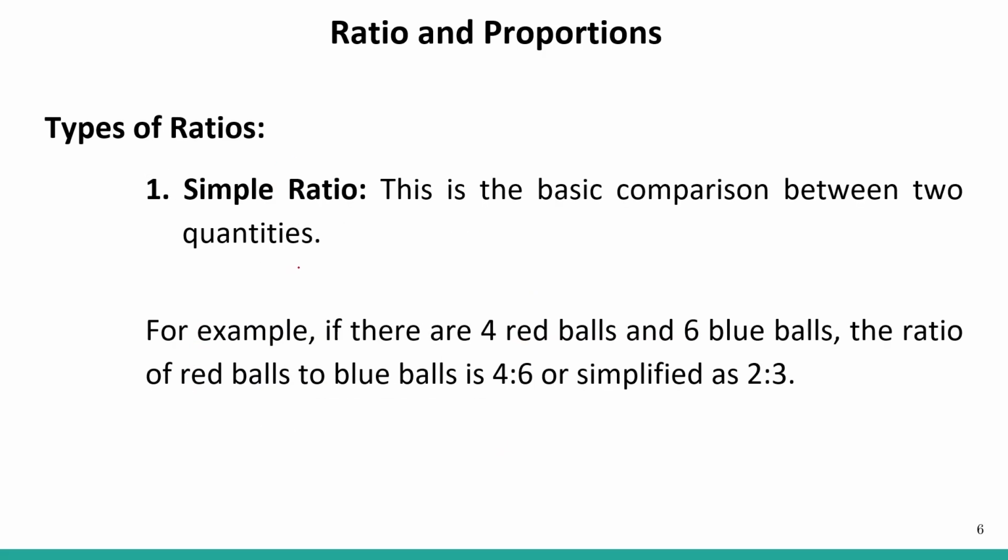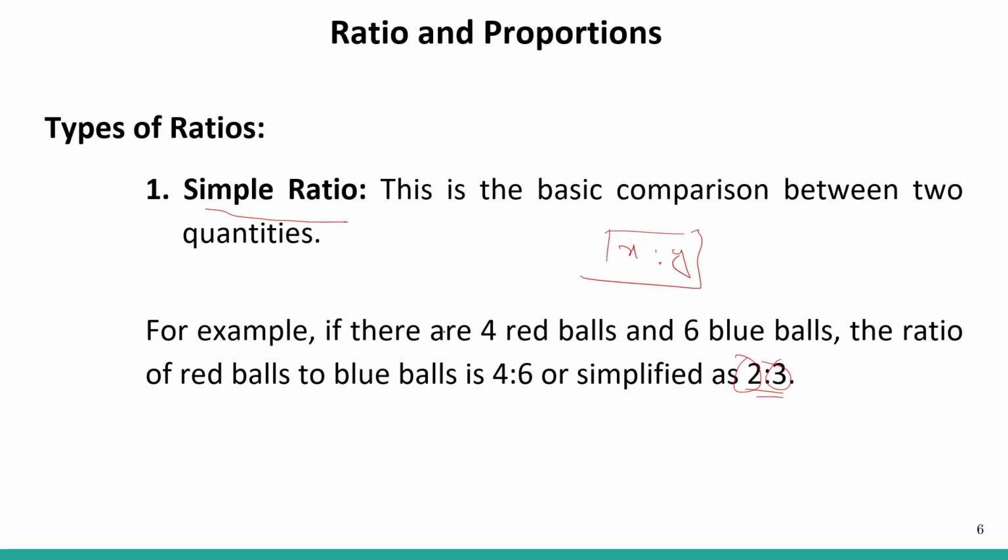Let's see the first kind of ratio, that is the simple ratio. This is the first and the very basic, fundamental one. It is a basic comparison between two quantities. For example, you have two quantities x and y, and we write it as x to y, or 2:3 in this case.